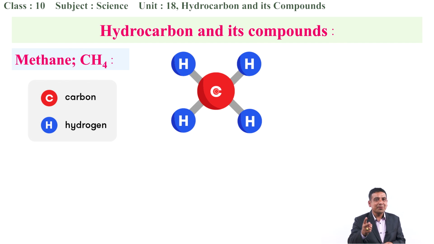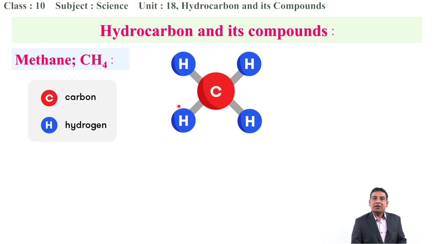Does it make a double bond with others? Obviously not. So we have written the name of this compound as methane, and this is the structure of methane. The red ball represents the carbon atom, as well as the blue balls represent what? Yes, hydrogen. So how many hydrogens does it contain? 4 and only one carbon. So this is the structure.